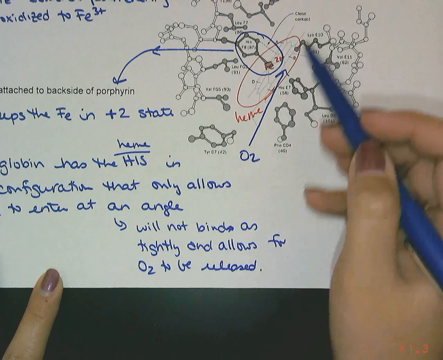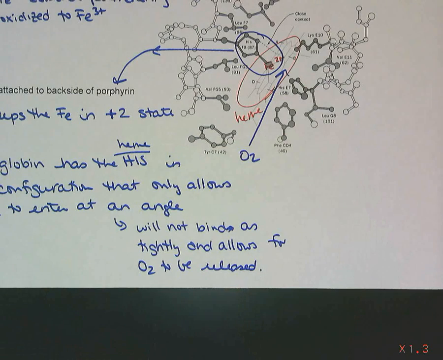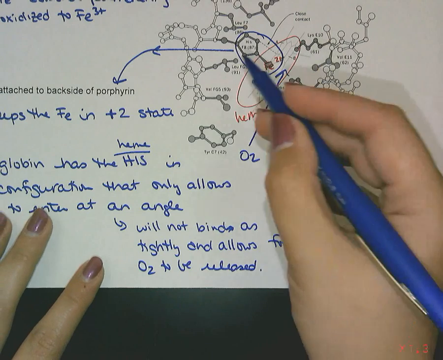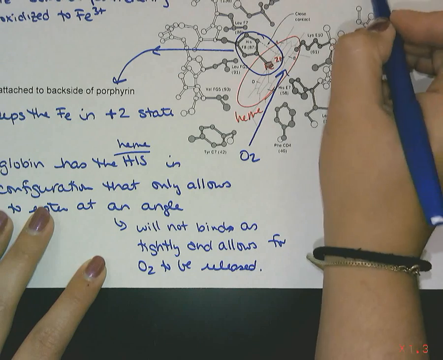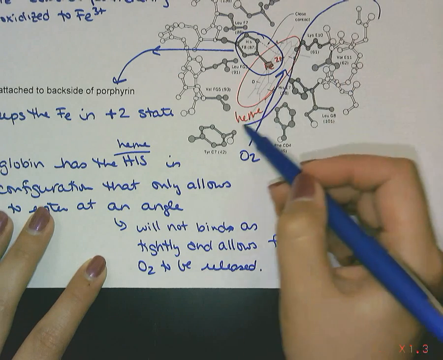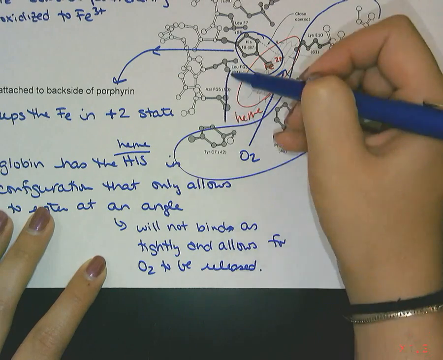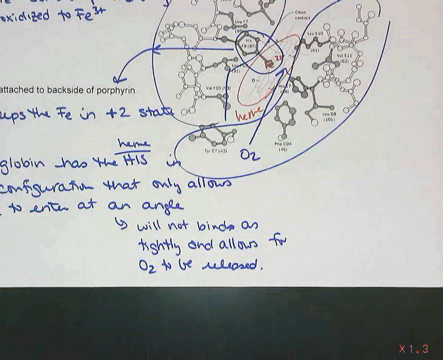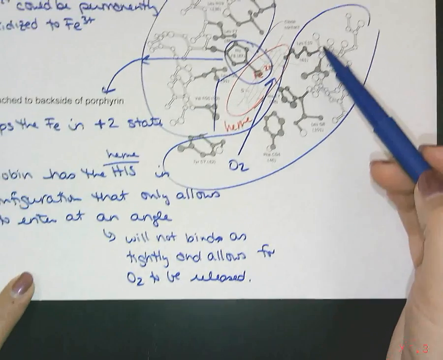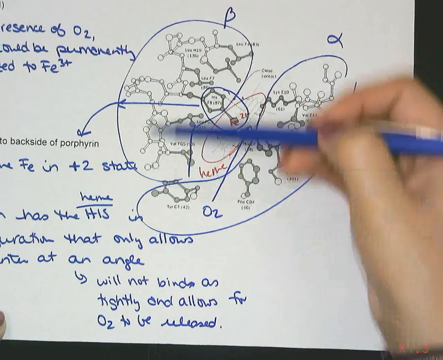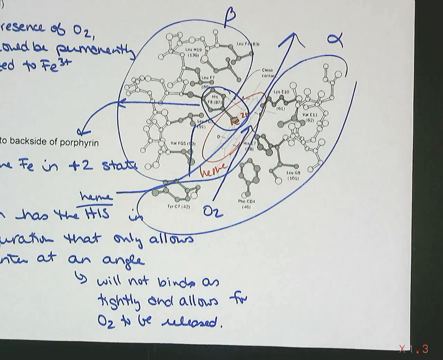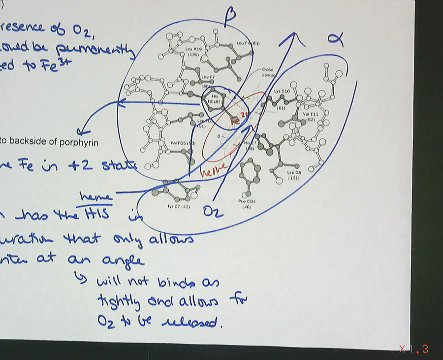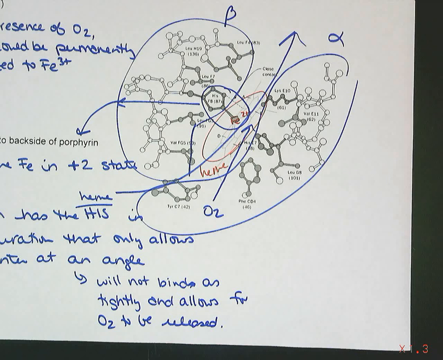It's actually, so this side should be my beta group. So this is all one alpha group, and this is all one beta group, and this is the channel. That's our channel that the oxygen can float through between an alpha beta subunit. Does that make sense?